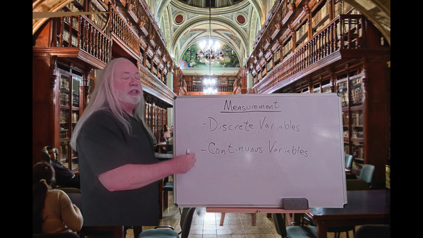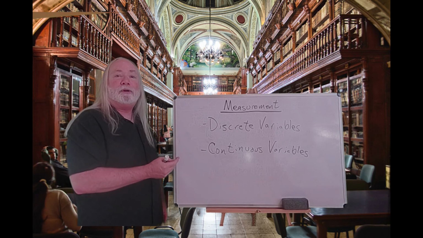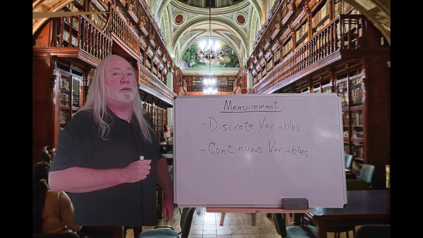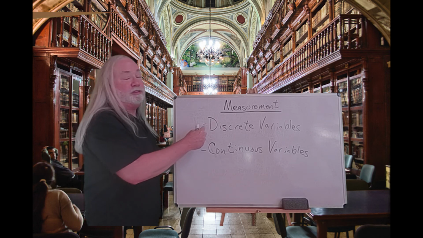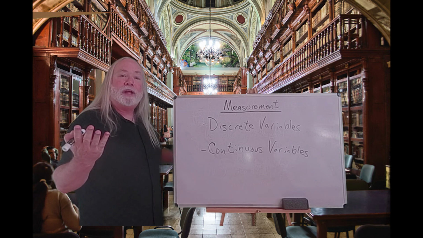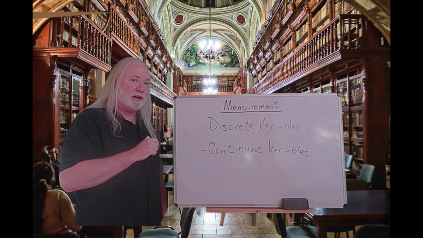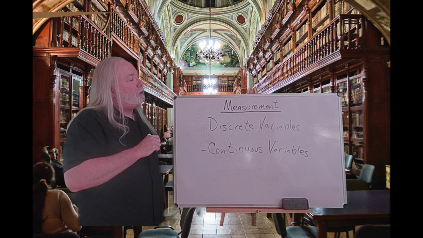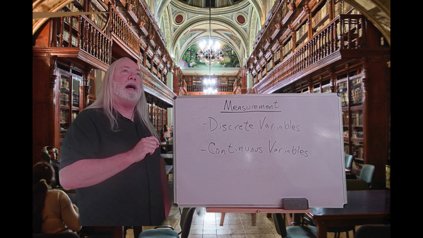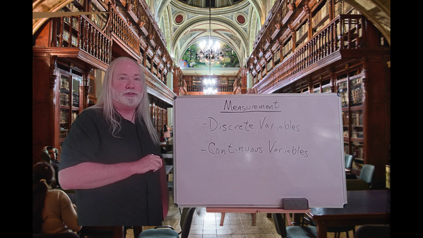Is it discrete? Is it continuous? Do I have a choice, like temperature? I can do either one. Is it number of children? Well, I don't really have a choice. It's discrete. It's the only thing it can be. And again, the idea here is it gives us consequences for what we can do with that data later. So next we're going to go to a little bit more fine-grained approach to this same conversation.